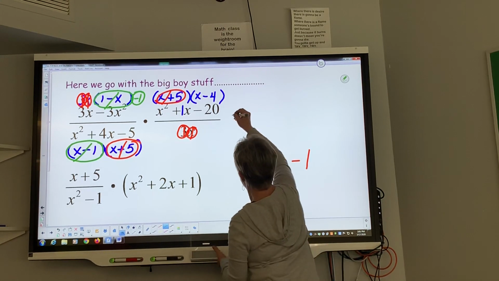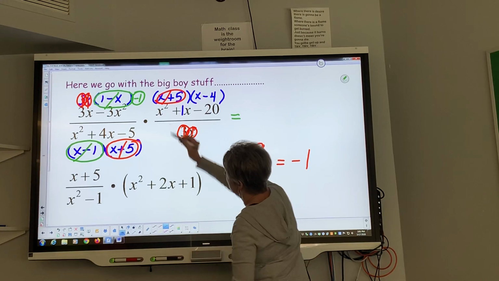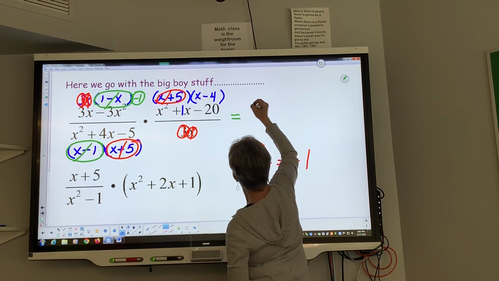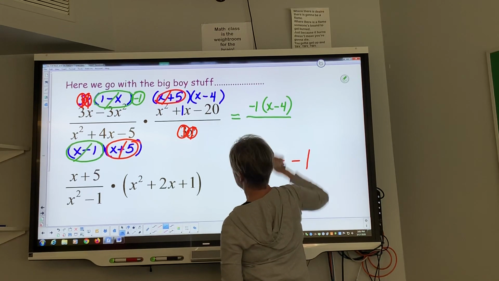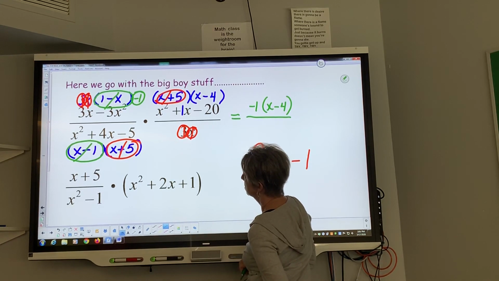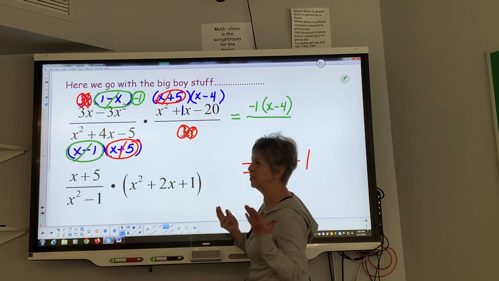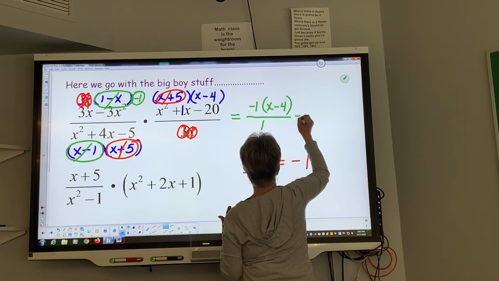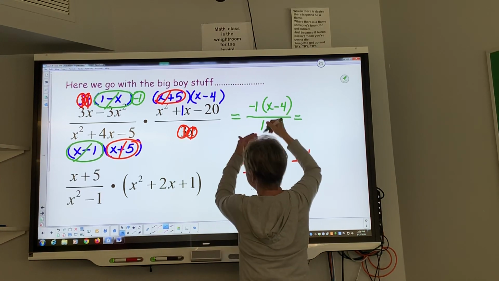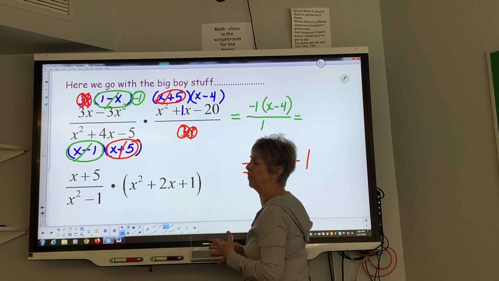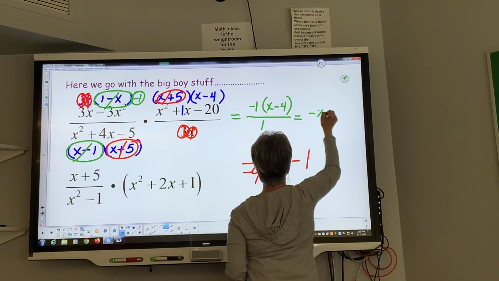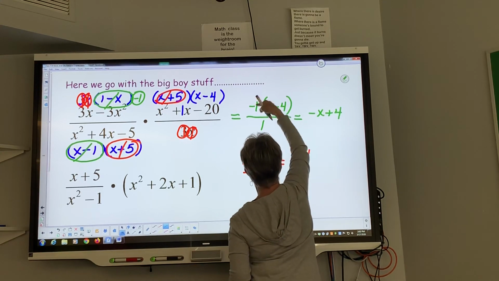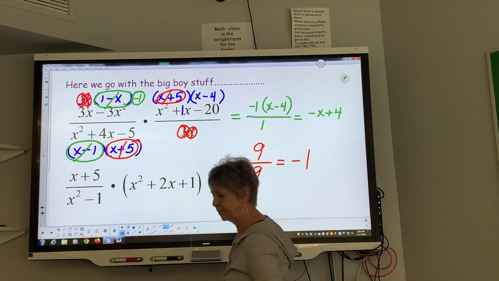So now if I go to multiply, all I have there is negative 1 times x minus 4 all over, everything from our denominator simplified. So it's just 1, and if it says simplified, don't leave something over 1. That's not really simplified. So this is just going to be this if I distribute the 1 out.